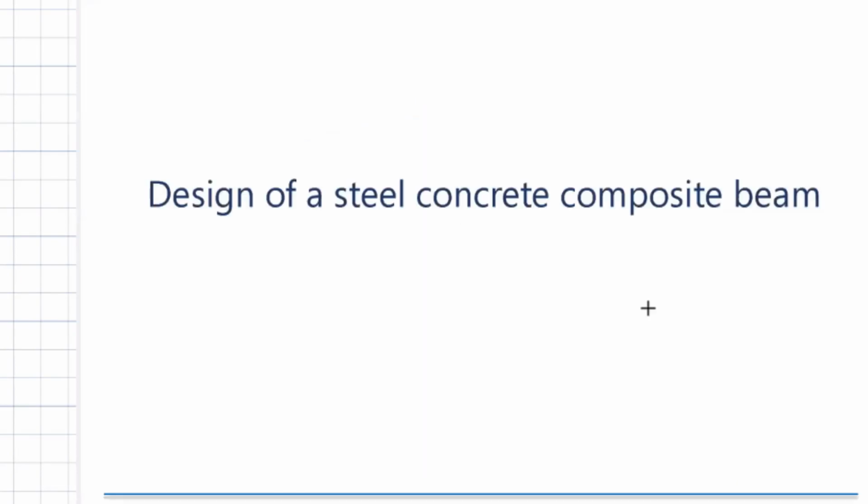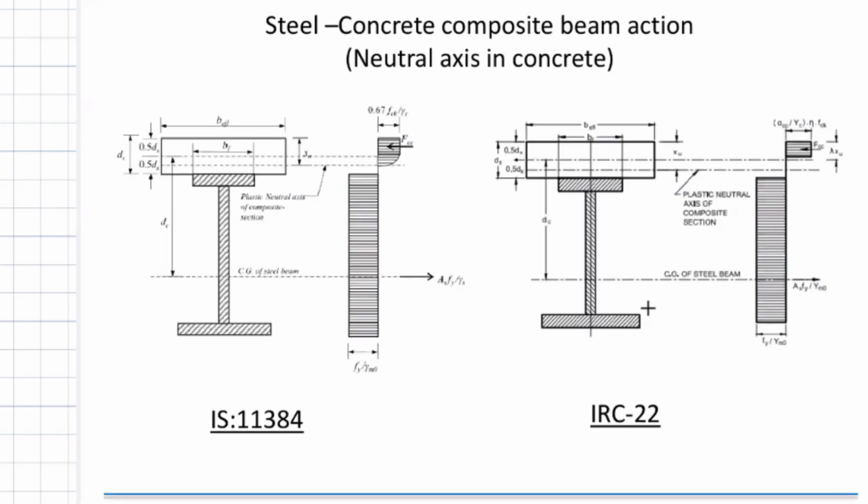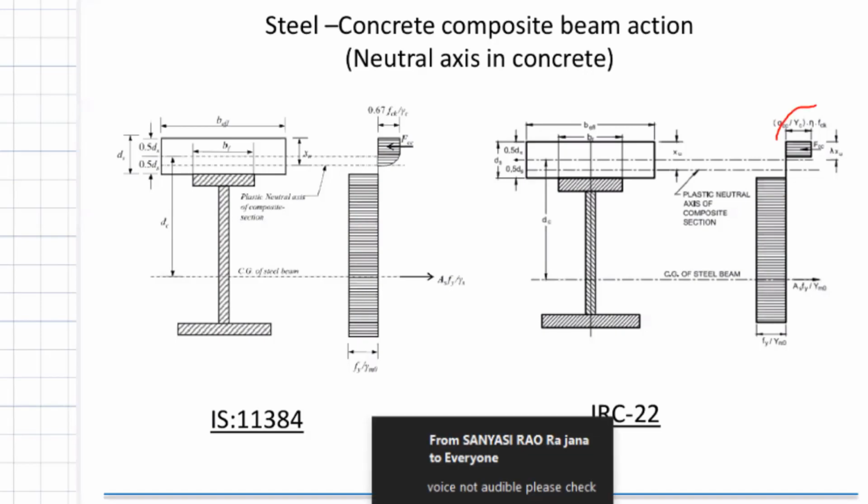Right. Now, I will take you through the simple design of a steel concrete composite beam for a bridge. There are 2 different ways, as you can see here. This is from IRC 22, where I use a rectangular stress block with the value called lambda.